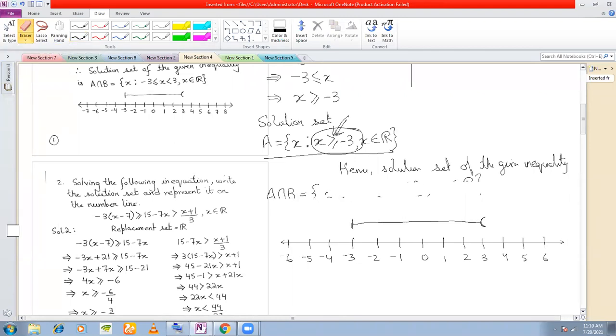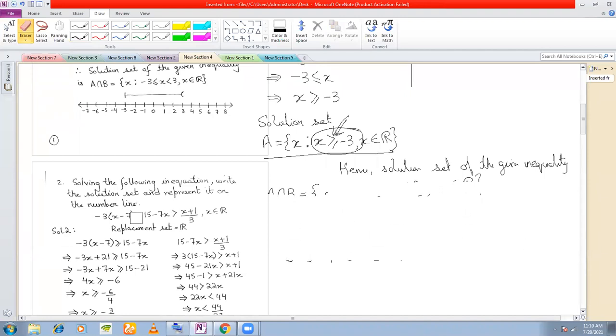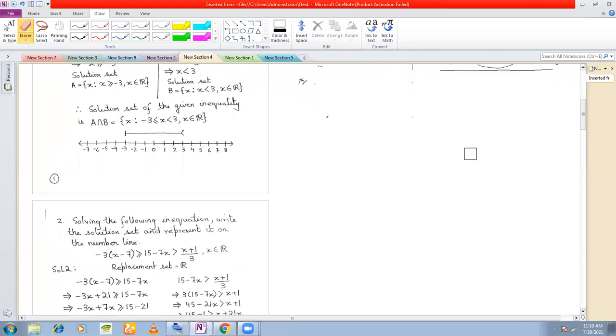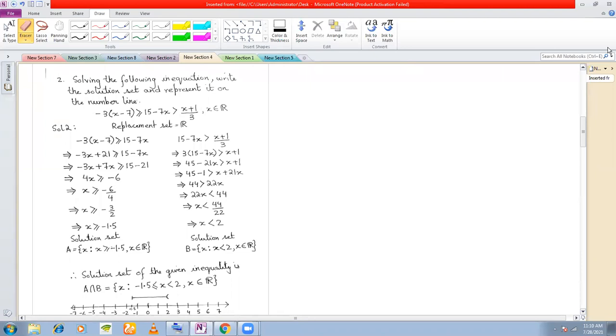Moving on to the next sum. Number 2. Solve the following inequation. Inequality is also called inequations. Write the solution set and represent it on the number line.